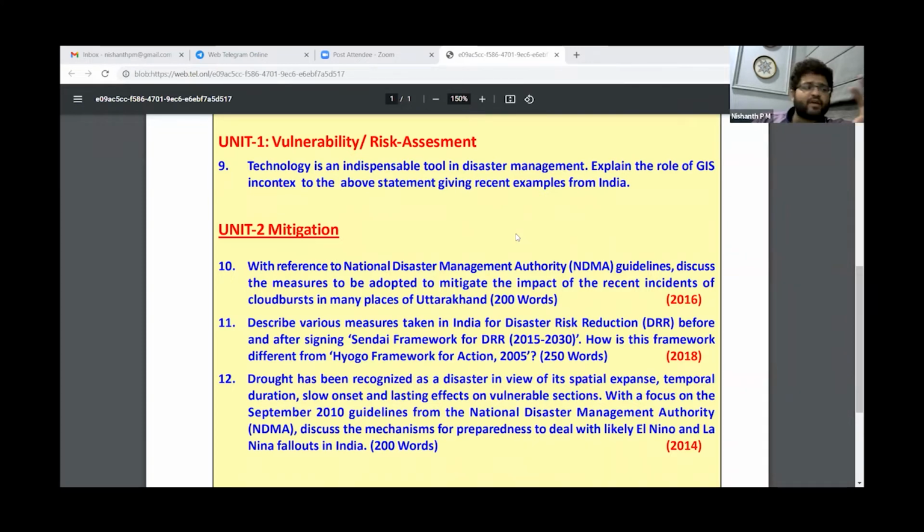For example, if an area is impacted by flood, we can immediately assess which nearby area will not be impacted and move people to that highland or other place. So this is how throughout the process of disaster management, technology in general, GIS in particular, can help a lot in reducing the impact of disaster.